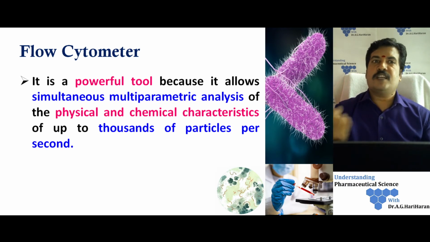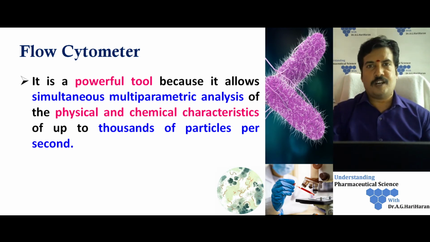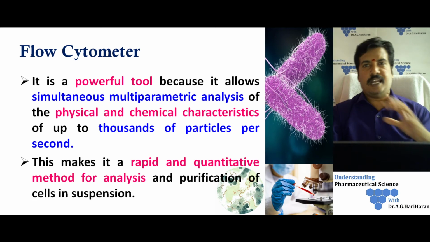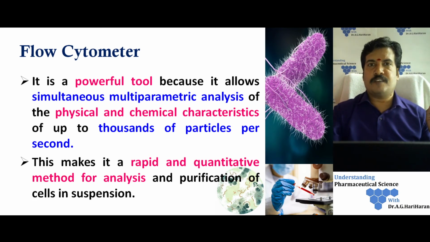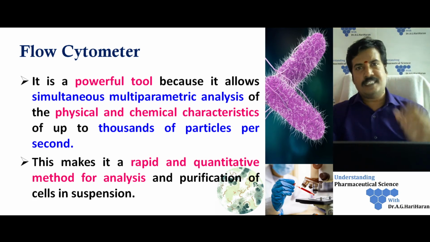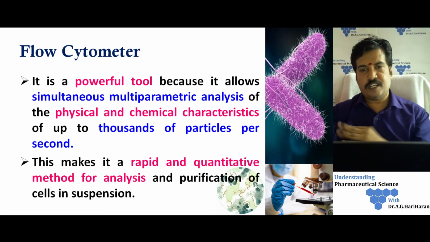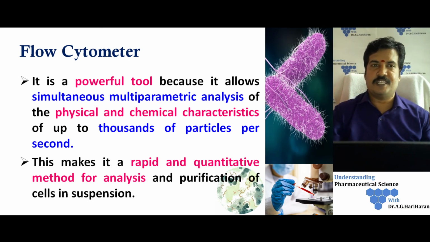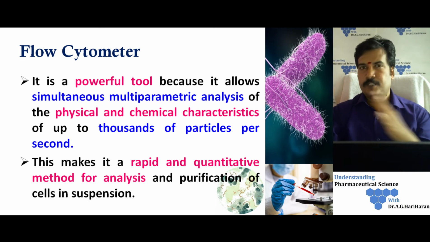That's why it is a powerful tool for analyzing particles as well as cells, both their morphological and chemical characteristics. It is a rapid and quantitative method of analysis. Apart from analysis, it also helps in the purification of cells from the suspension. So the flow cytometer has wide application.